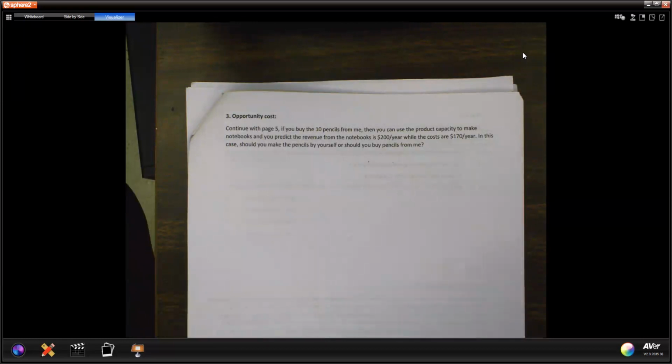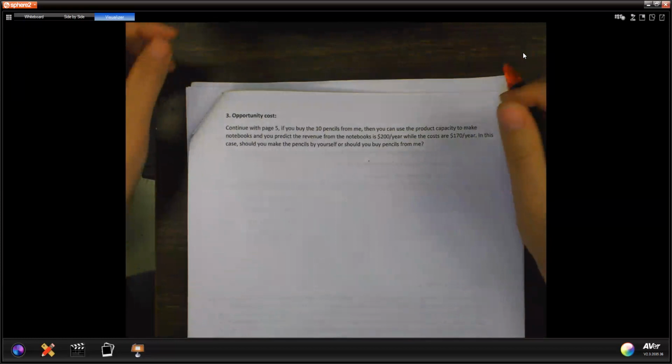In financial accounting, we do not record the opportunity cost. You will never see debit opportunity cost, credit opportunity cost. But we take opportunity cost as one of the costs for our decision making. You will only have opportunity cost when you have a limited resource.